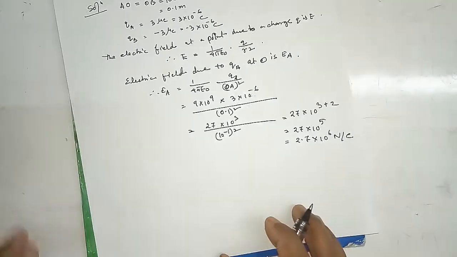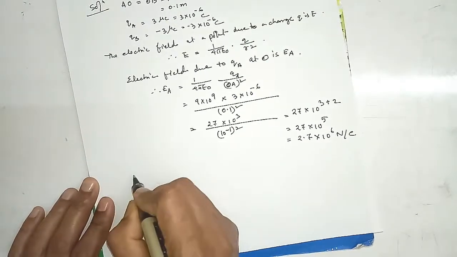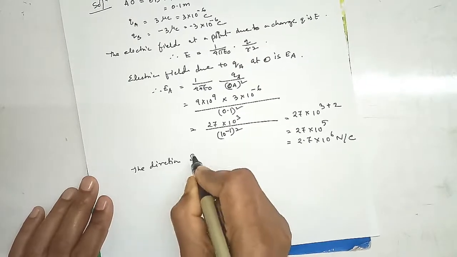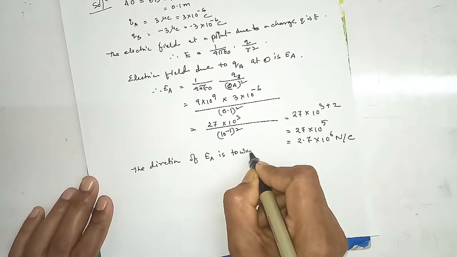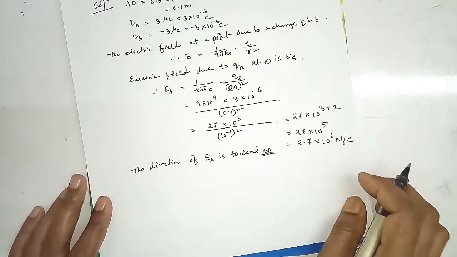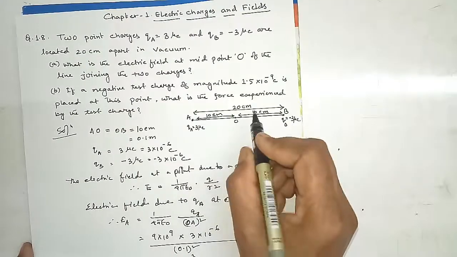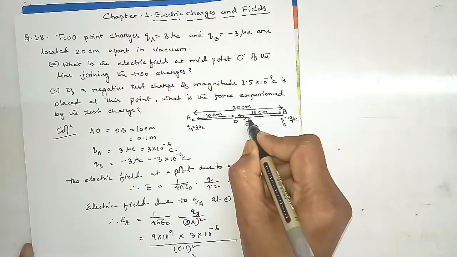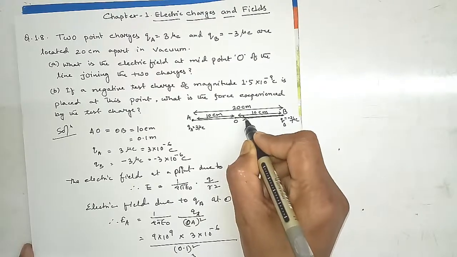Okay, now the direction of EA is towards OB. See in the figure, the direction of EA is towards OB.